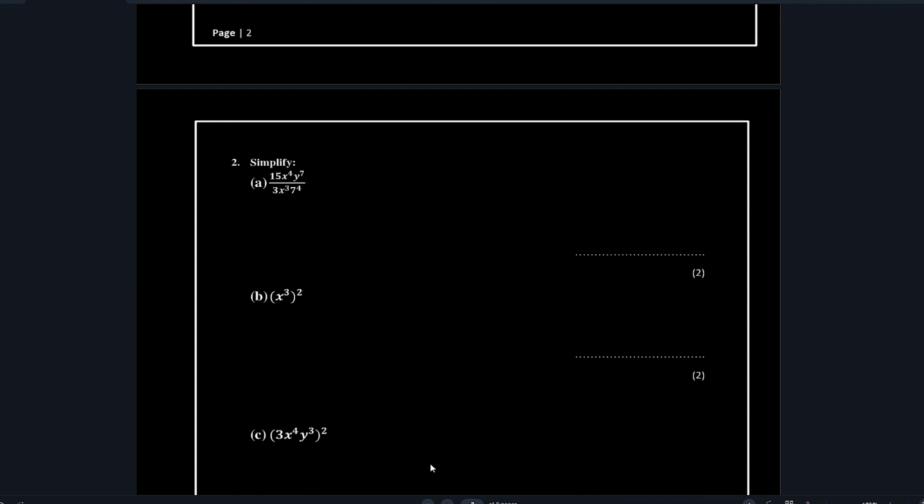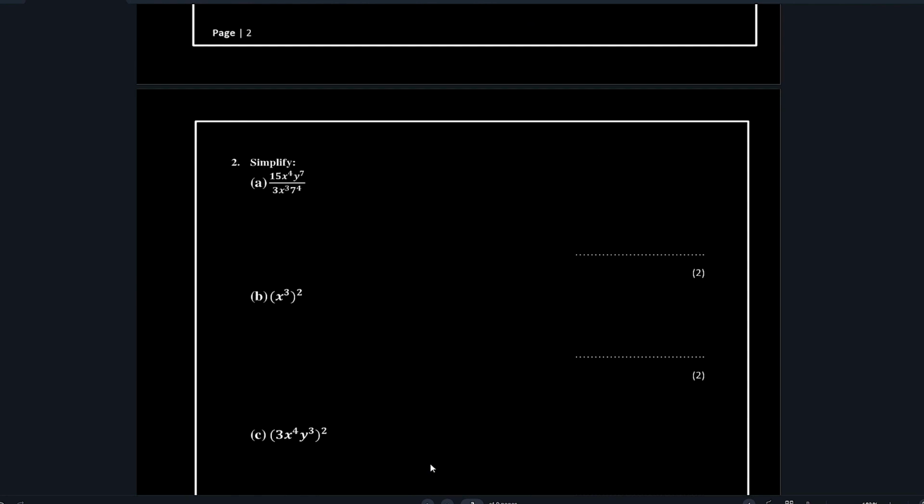Now, you see we are given 15x power 4, y power 7 over 3x power 3, and this is y power 4. At the denominator, we have x power 3 and y power 4.